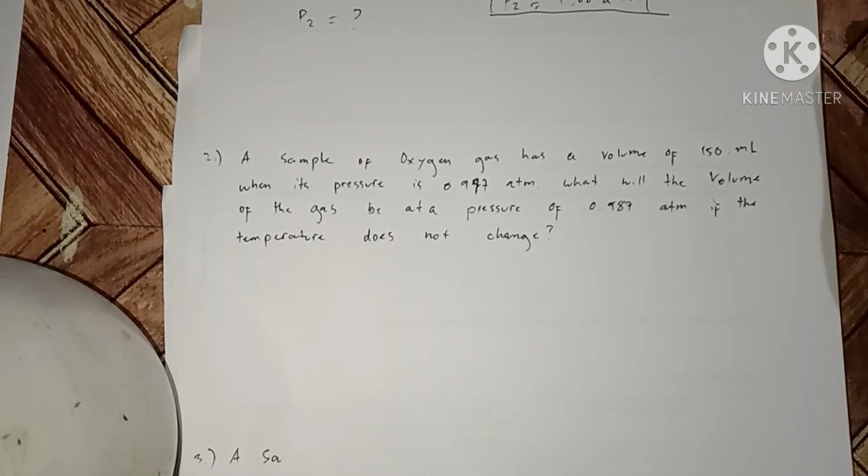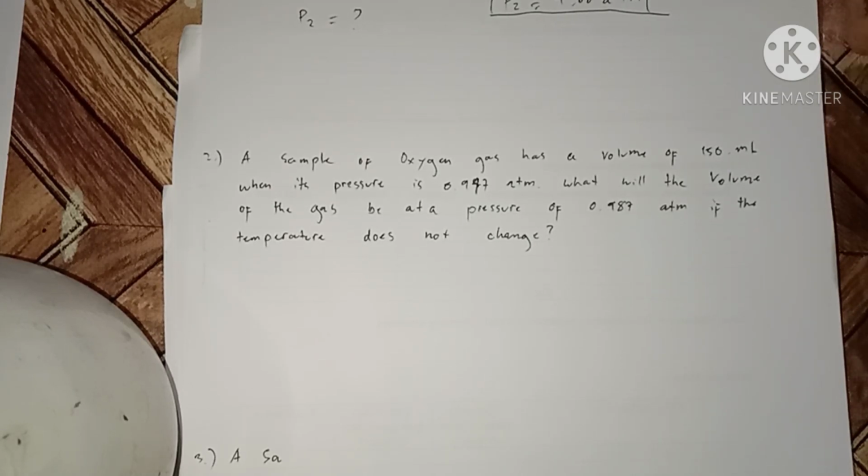A sample of oxygen gas has a volume of 150 ml when its pressure is 0.947 atm. What will the volume of the gas be at a pressure of 0.987 atm if the temperature does not change?